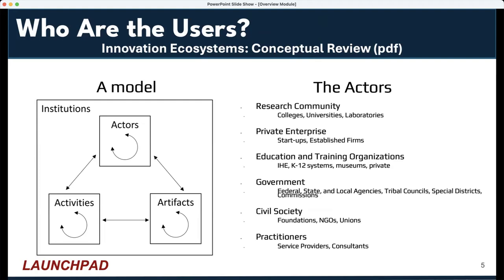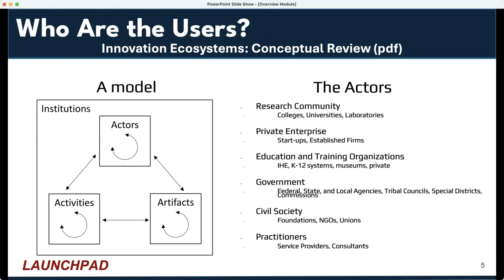So based on that, who are the users? This idea of an innovation ecosystem was developed. There's a conceptual review of this concept also in the PDF file in the module. And the model is that the ecosystem has an institutional environment within which sit the actors and the activities that they do and the artifacts that they create and use.